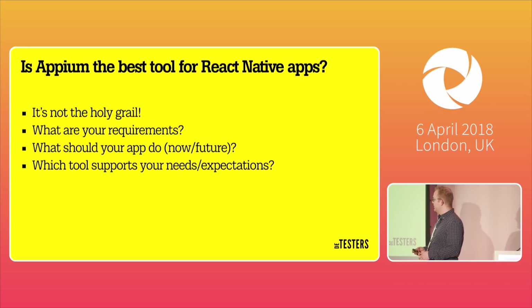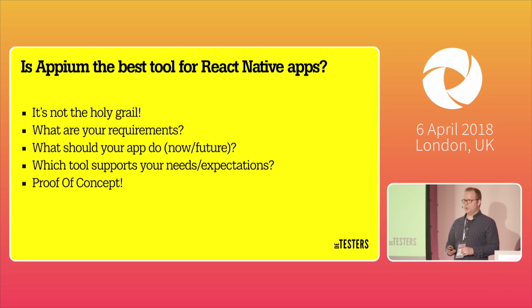Then do the investigation for the tools. Just read documentation, look at webinars, look at pull requests because they can also give you some insight about the tool, and check if they support your expectations. And when you've done all this, do a proof of concept before picking the right tool.